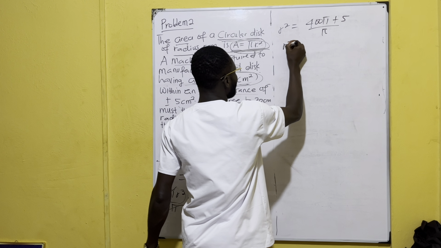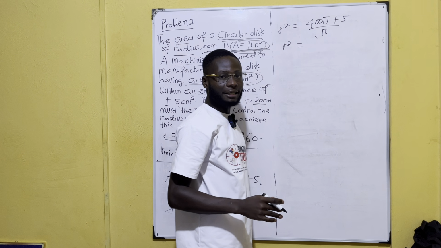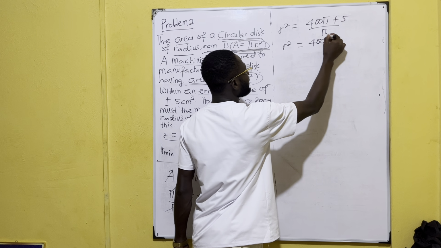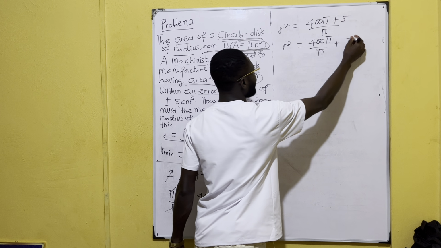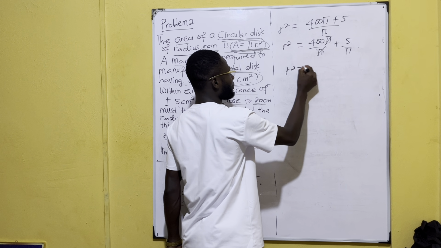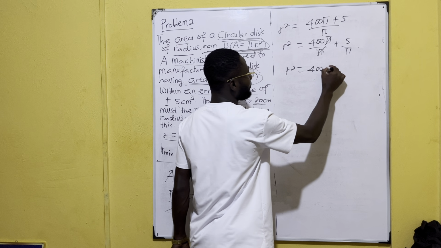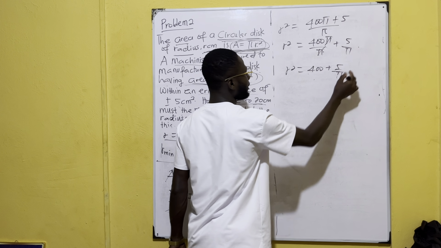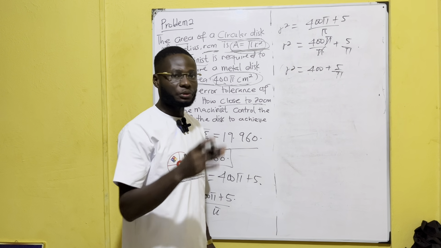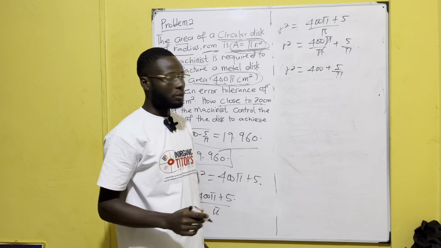So we have r squared equals, when you distribute the denominator to each of the items at the numerator, you're going to have 400 pi divided by pi plus 5 over pi. So this cancels this, and you have r squared equals 400 plus 5 over pi. Remember, we need r, not r squared. So we take square root on both sides, and the square sign will go.